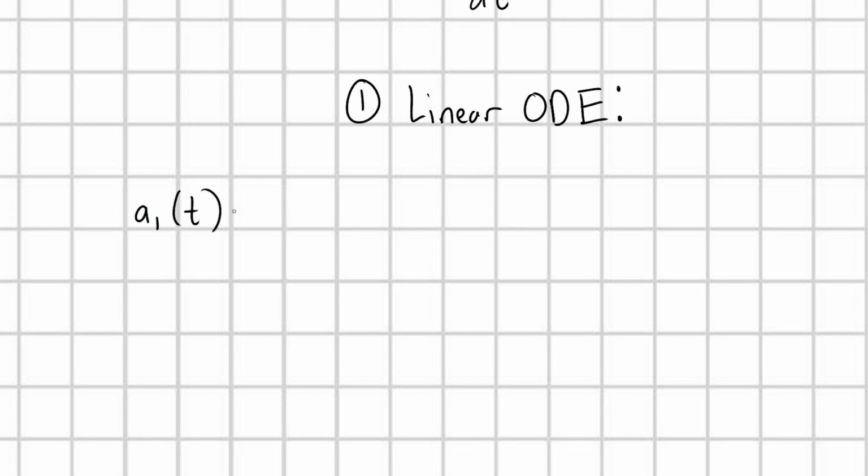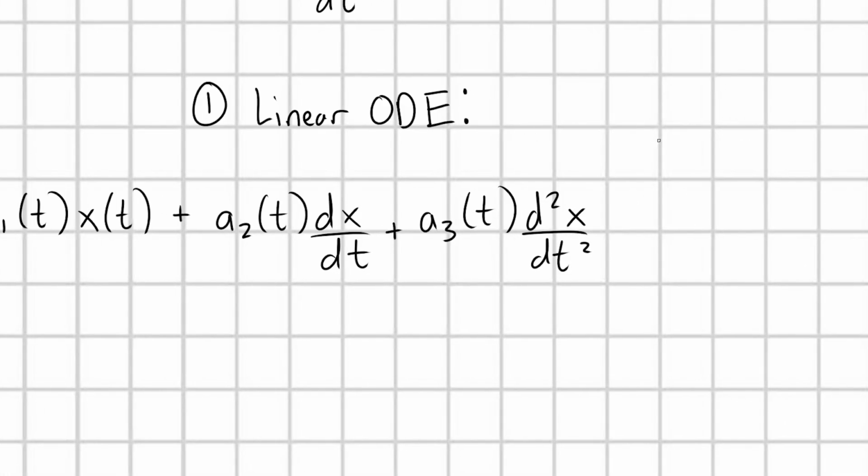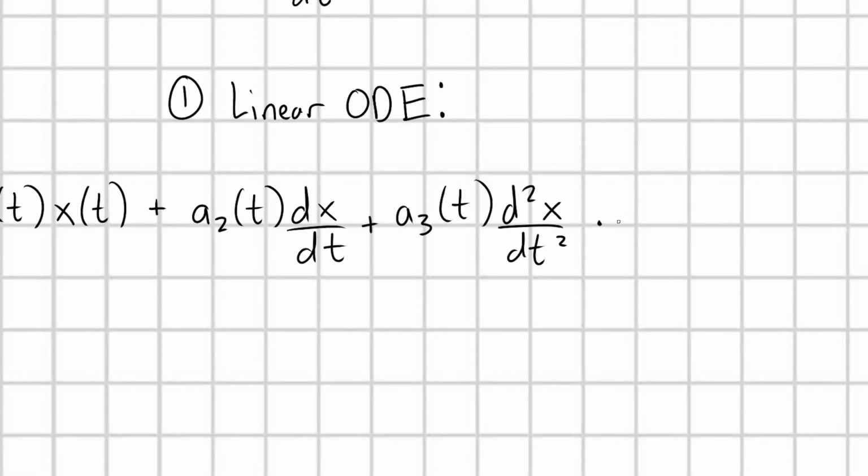A1 of t times x of t plus A2 of t times dx dt plus A3 of t d squared x dt squared. And we can continue this pattern out, dot, dot, dot, for a sub n of t times the nth derivative of x with respect to t.